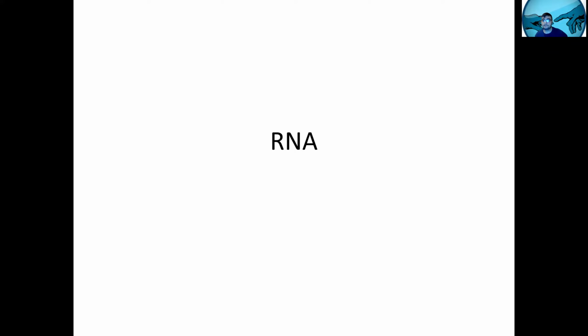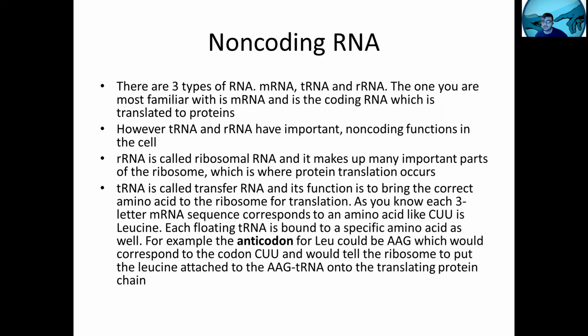Okay, now let's talk a little bit about RNA. There are 3 main types of RNA: mRNA, tRNA, and rRNA. The one you are most familiar with is mRNA, the coding RNA, which is translated to proteins. However, tRNA and rRNA also have important non-coding functions in the cell. rRNA is called ribosomal RNA, and it makes up many important parts of the ribosome, which is where protein translation occurs.